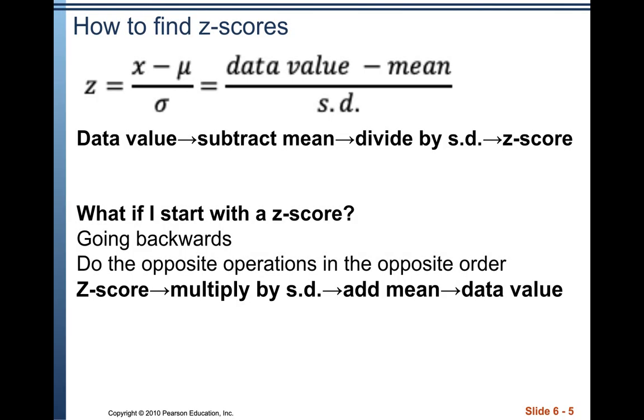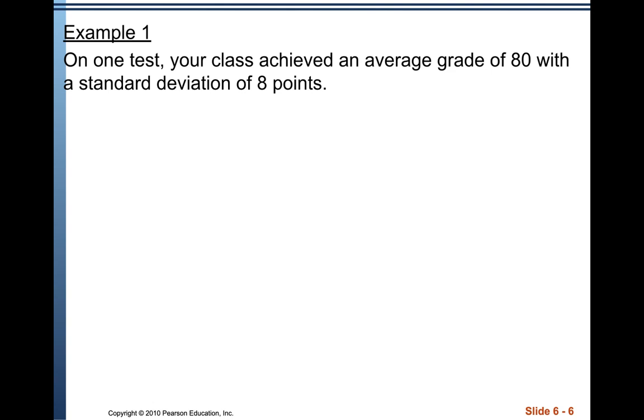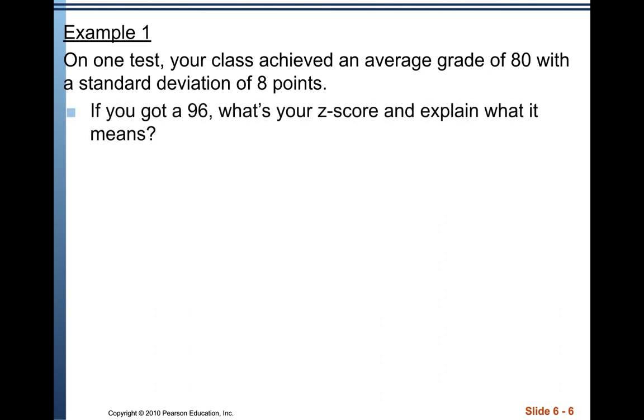So how are we going to use this in terms of problem solving? Here's an example. On one test, your class achieved an average grade of 80 with a standard deviation of 8 points. All right, so we have our mean and we have our standard deviation.